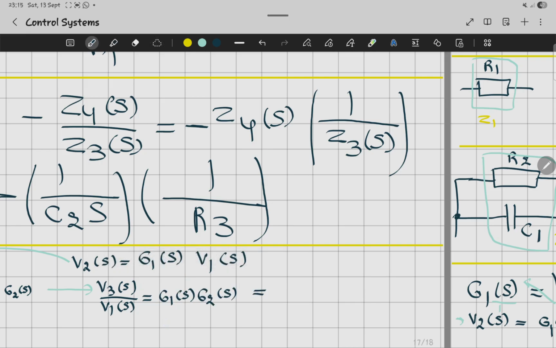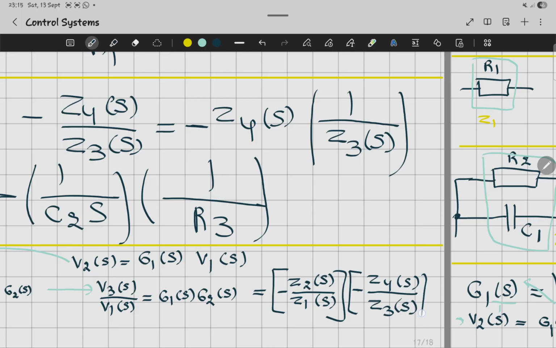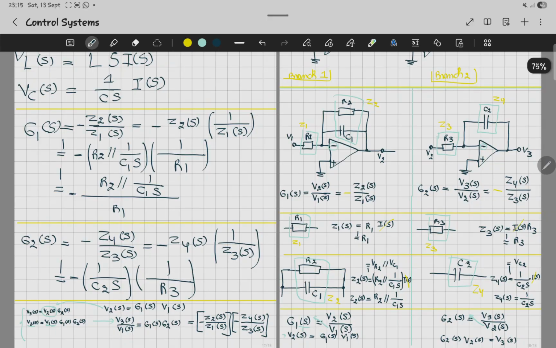I'm going to replace the values of J1 and J2, so it's going to be something like this: negative Z2(S) over Z1(S), which is what you get from J1, and from J2 it's going to be negative Z4(S) over Z3(S).